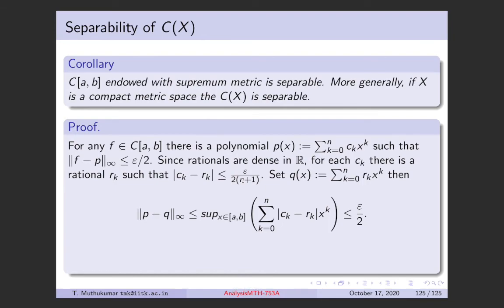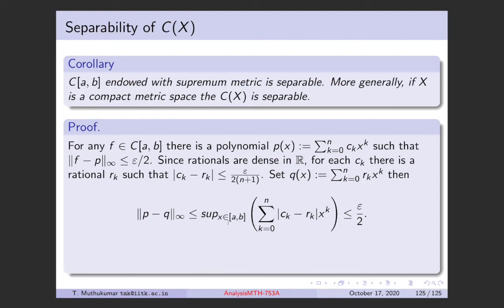So now you define this new polynomial q where the coefficients c_k are replaced by the rationals that we chose near c_k. So you define those polynomials. Then the distance between these polynomials p and q is this, right?